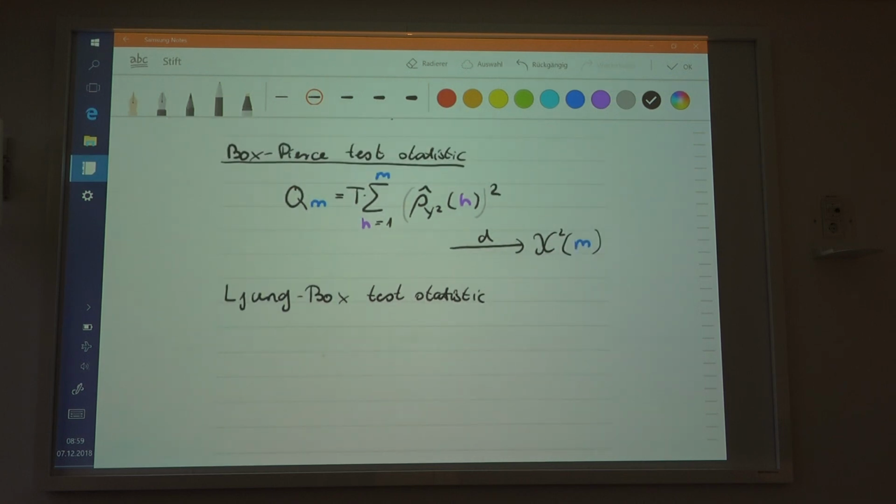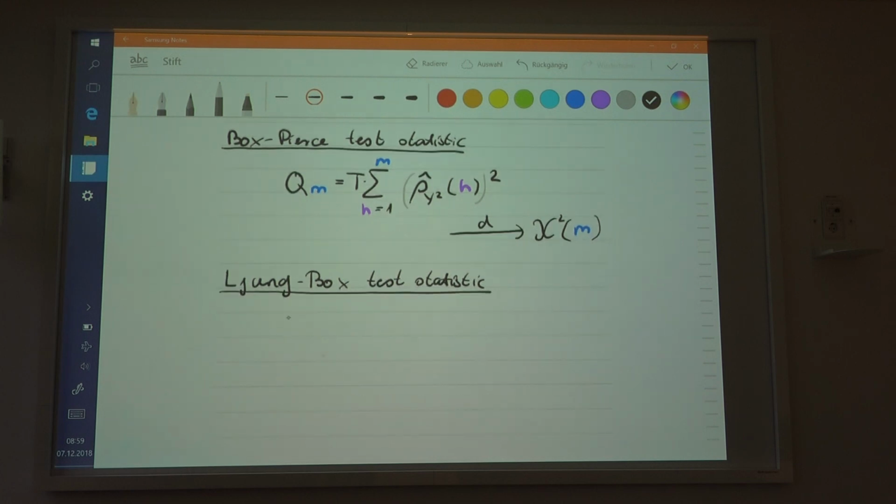In the lecture notes, I used the notation Q tilde for the Ljung-Box statistic.